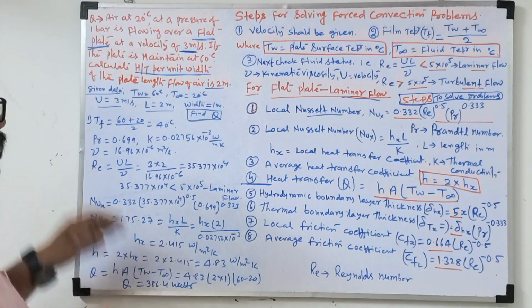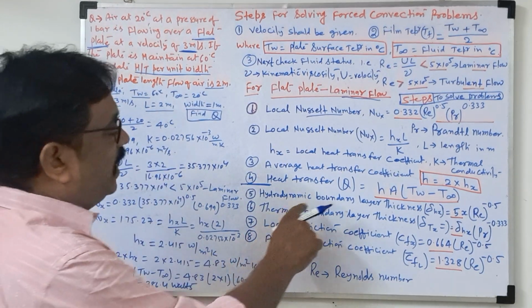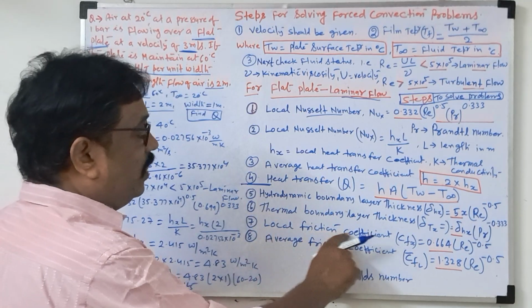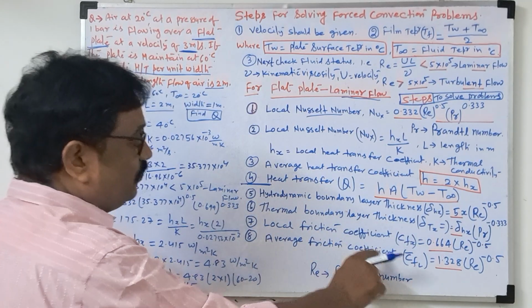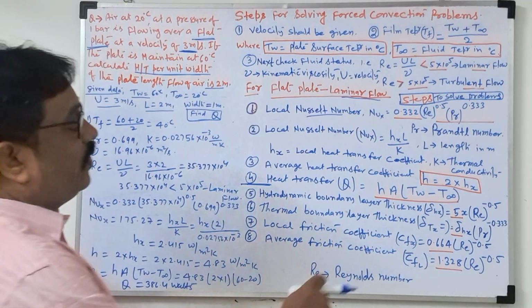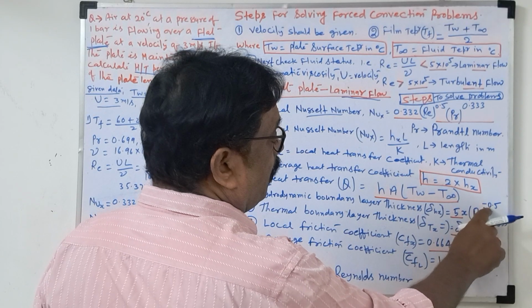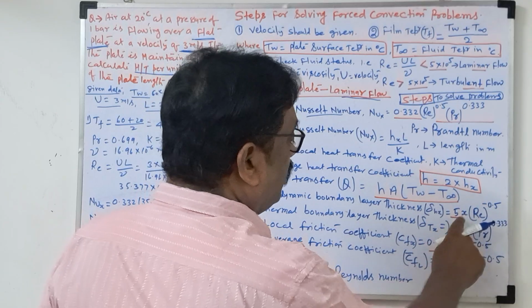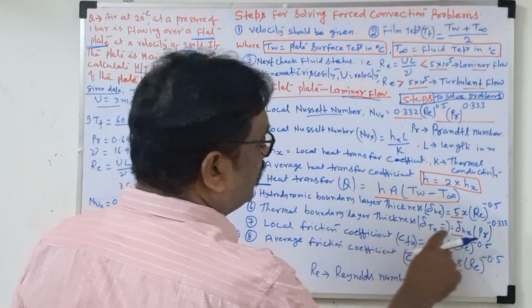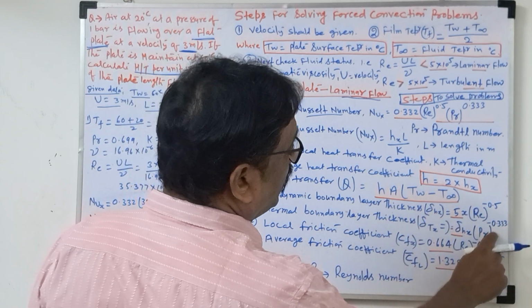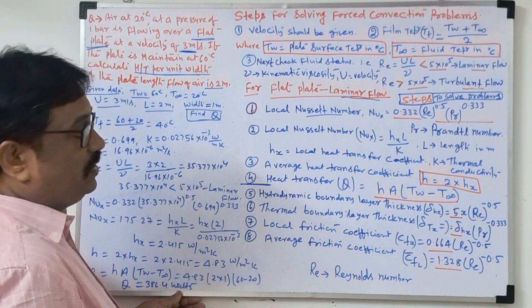If in the same question they ask to find the hydrodynamic boundary layer thickness, thermal boundary layer thickness, local friction coefficient, average friction coefficient, these formulas are there in the data book. Hydrodynamic boundary layer thickness is 5 into x into Re power minus 0.5. Thermal boundary layer thickness is the hydrodynamic boundary layer thickness into Prandtl number power minus 0.333.